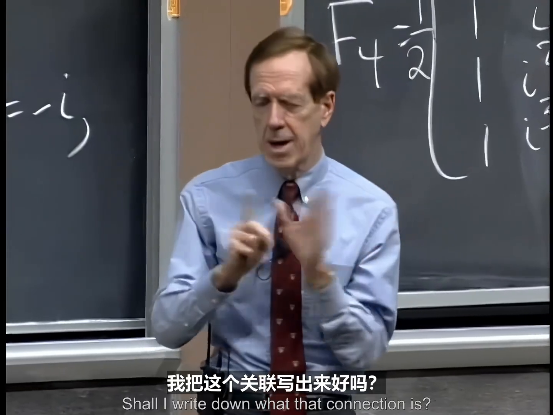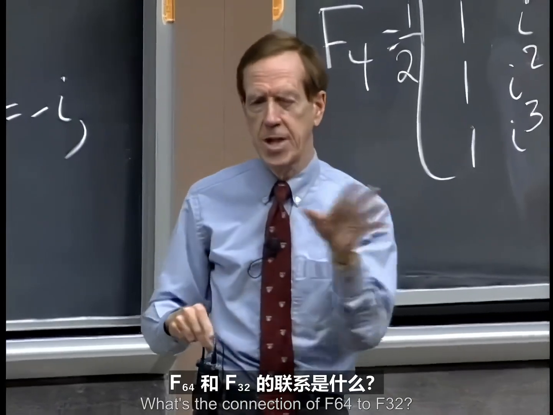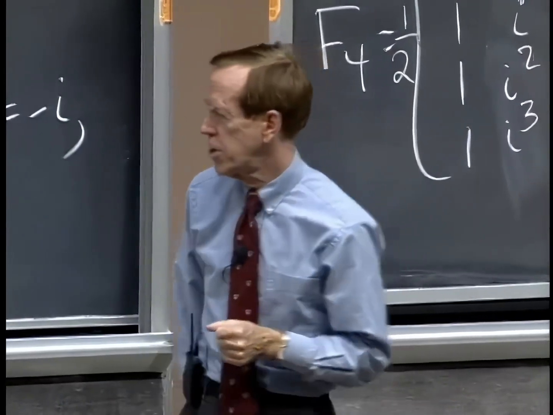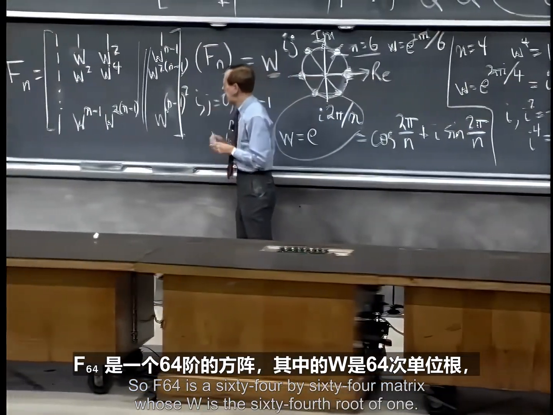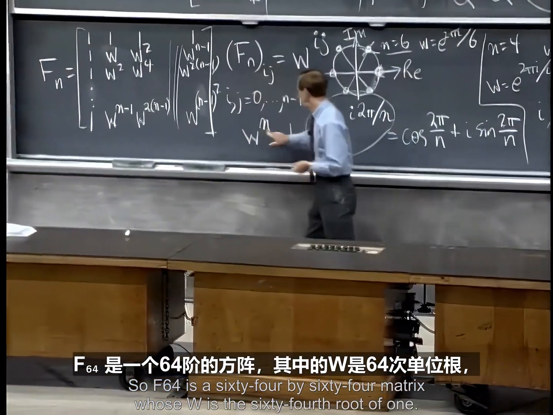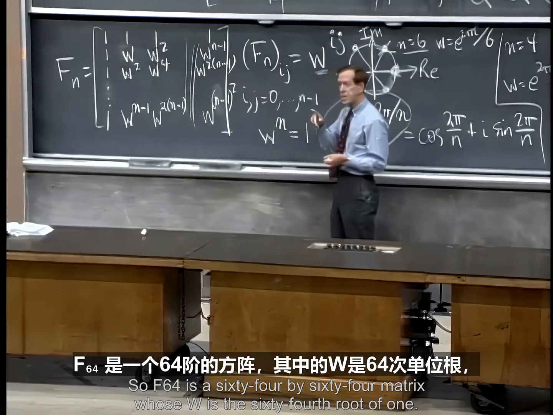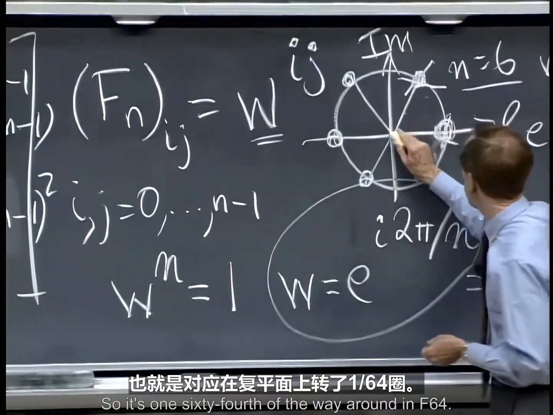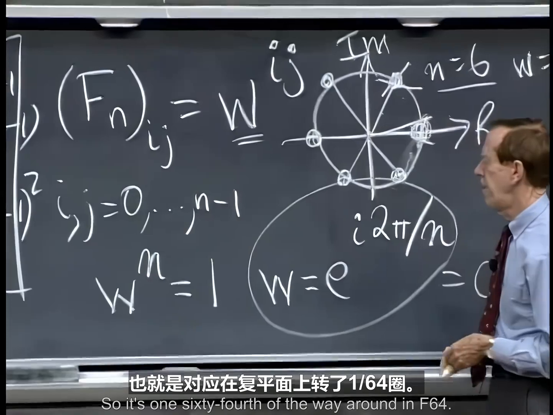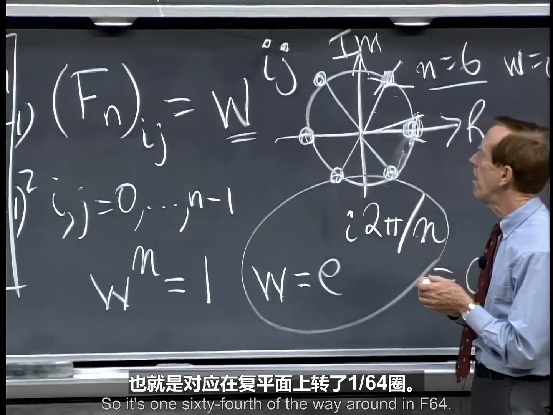Shall I write down what that connection is? What's the connection of F64 to F32? So F64 is a 64 by 64 matrix whose W is the 64th root of 1. So it's 1/64th of the way around in F64.